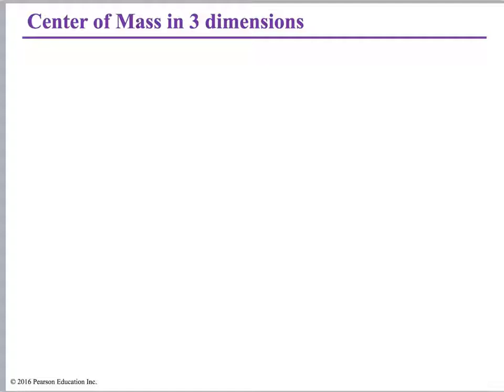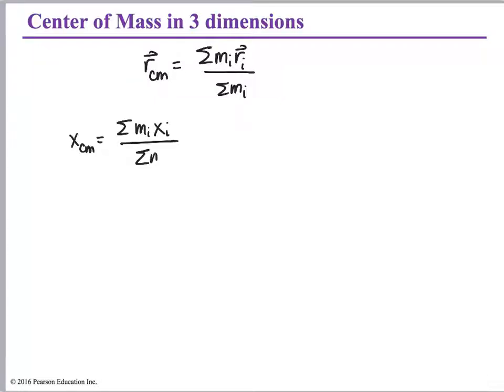So if I wanted to use that expression, we have the center of mass expression in vector form, which looks like the sum of m sub i r sub i over the sum of the m sub i. We can break that down into the different components. The x component would be the sum of the m sub i times the x coordinate of where they are.